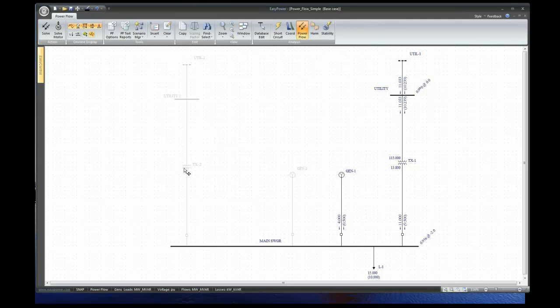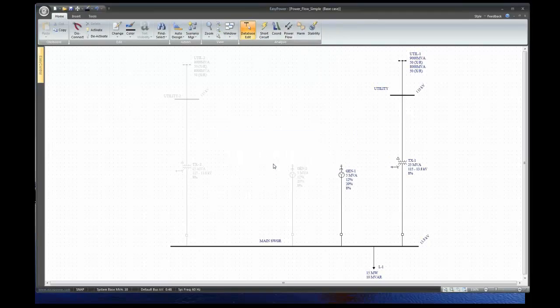All right, let's take a quick look at a different situation when I have two utility sources tied together. Let me go back to database. Whoops. Let me activate. So now I have two identical utility sources.